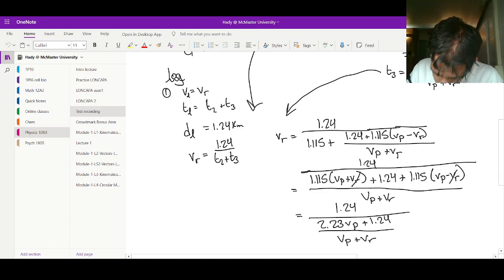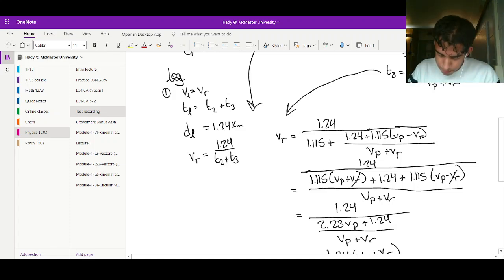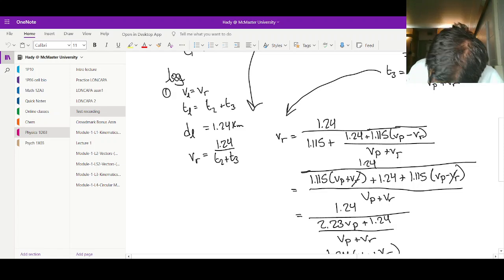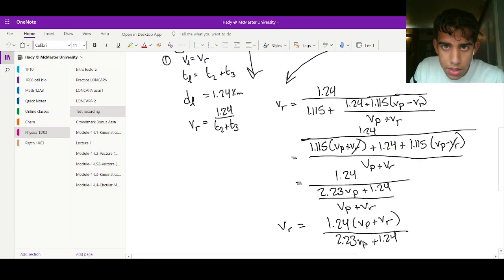So now we can rewrite this as (VP plus VR) over (2.23 VP plus 1.24). Sorry, I forgot the VP here. Now let's not forget that this is still equal to VR. That's what we've been doing the whole time.